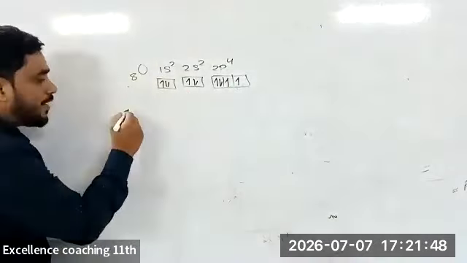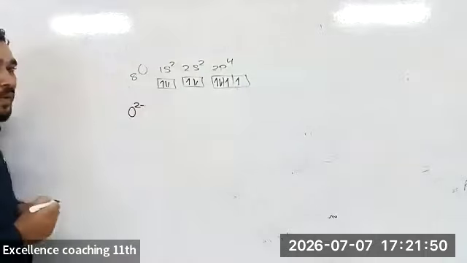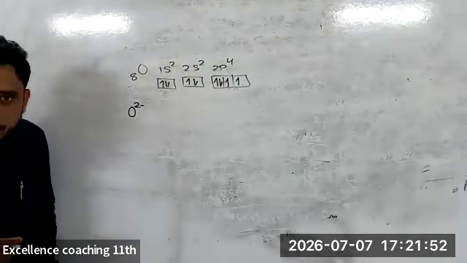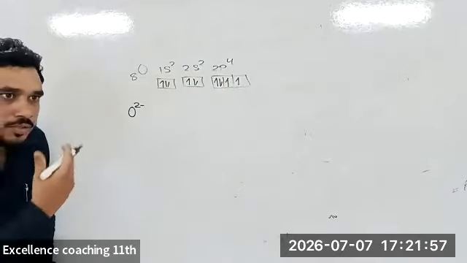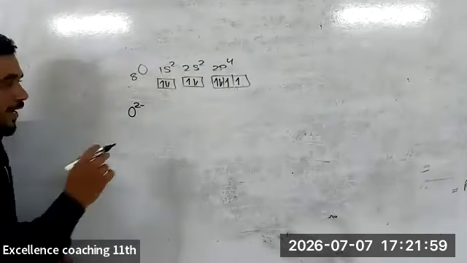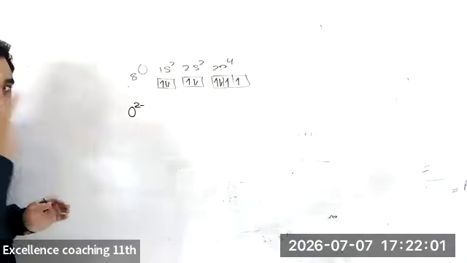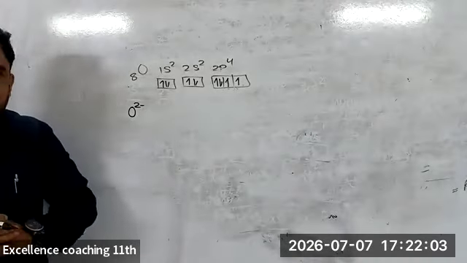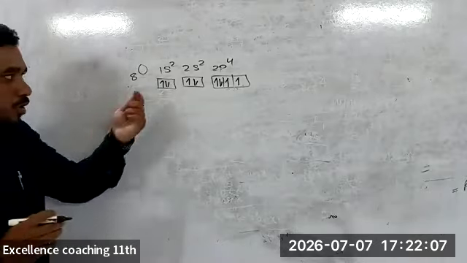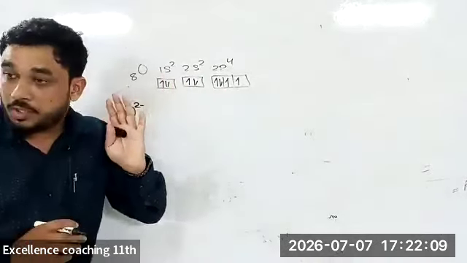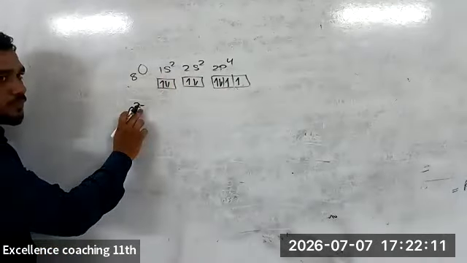Now look. If I write an ion, oxygen 2 minus, and tell you to write its electronic configuration, first understand which element it is: oxygen. What is the atomic number of oxygen? 8. So the electronic configuration is 1s2, 2s2, 2p4. But 2 minus means what?